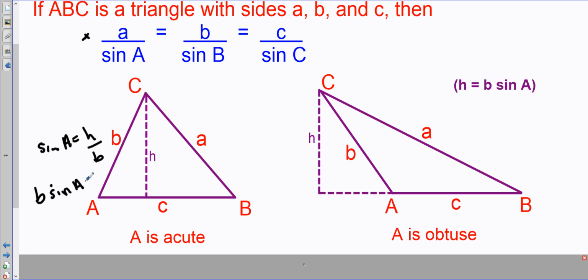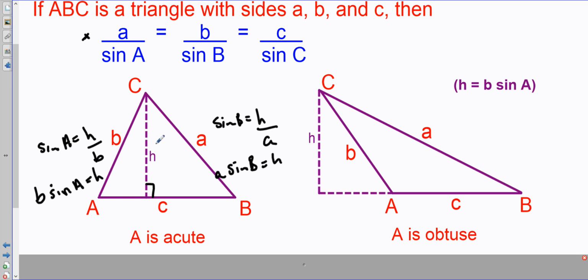Now let's compare it to this angle B. The sine of B is going to be h over the hypotenuse, which in this case is a, because the hypotenuse is always opposite the right angle. So now we have a times sine of B equals h.